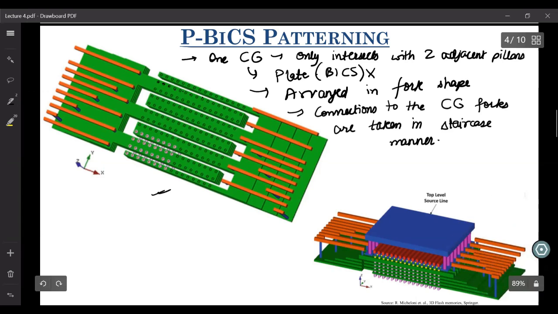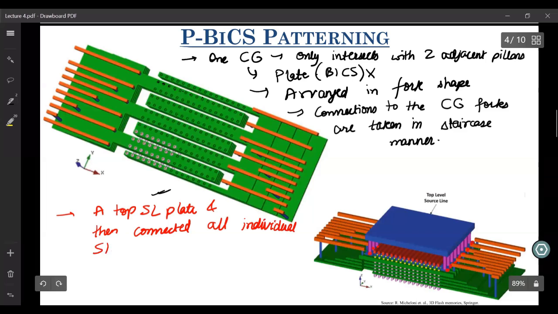Also, what these people came up with was this. You have these source lines which are on the top, and you have to come up with a common source line for all, right? So what they did was, instead of connecting them with a metal layer, they used a top source line plate and connected all individual source lines to this plate, right?